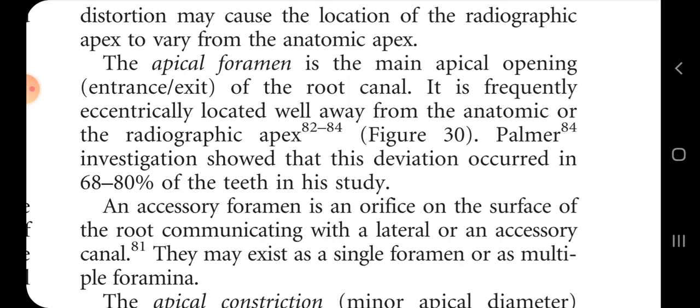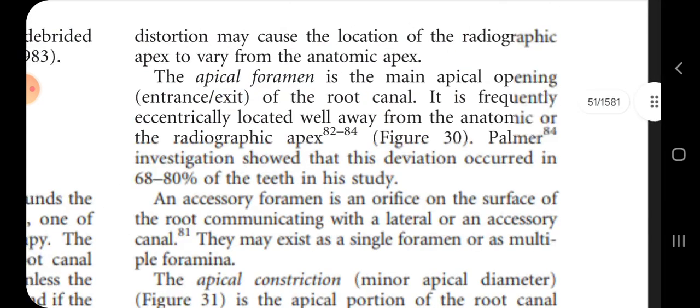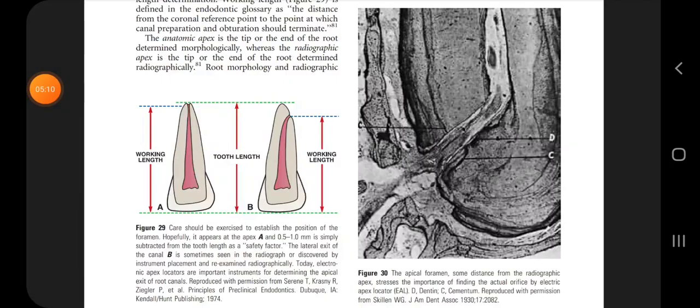You can see in figure 30 the apical foramen, which is some distance from the radiographic apex, which stresses the importance of finding the actual orifice by electronic apex locator, EAL.